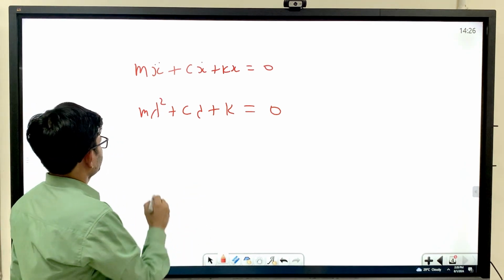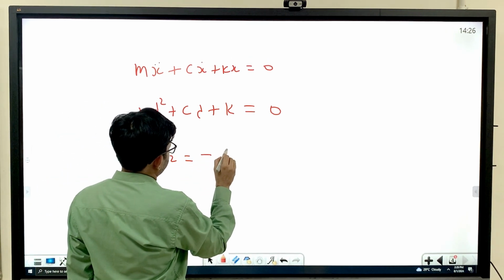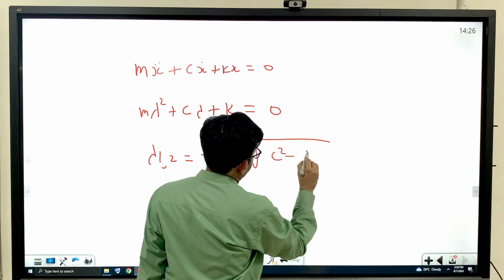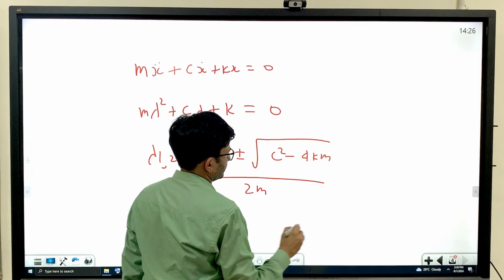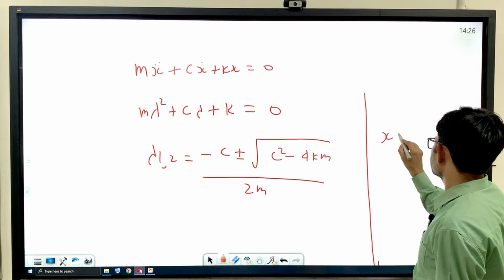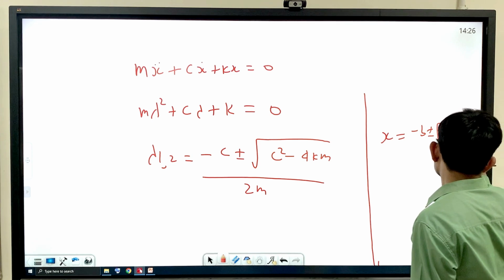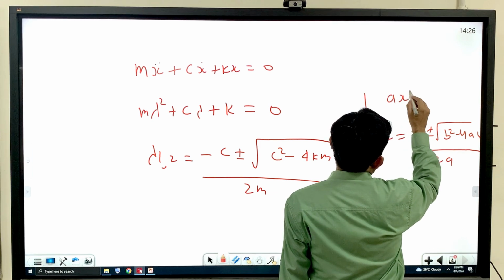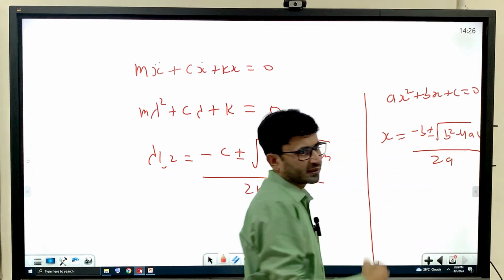No doubt, right? Now what will be lambda 1 and 2? I can write minus c plus minus under root c square minus 4km divided by 2m. It is the solution of the quadratic equation, x equal to minus b plus minus under root b square minus 4ac by 2a. Simple, right?